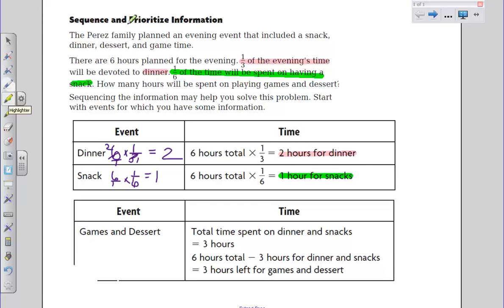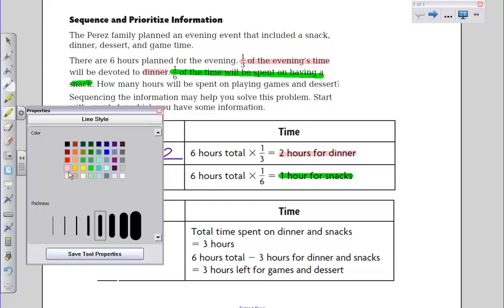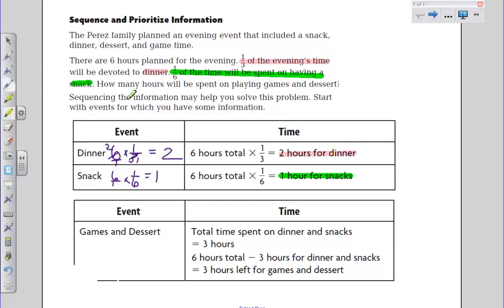All of that information is great. That's sequencing my information, but that's not going to be the answer that I'm looking for, because my question is asking me how many hours are spent on games and dessert. So I know that there is a total of half the time is going to be spent on dinner and snacks.